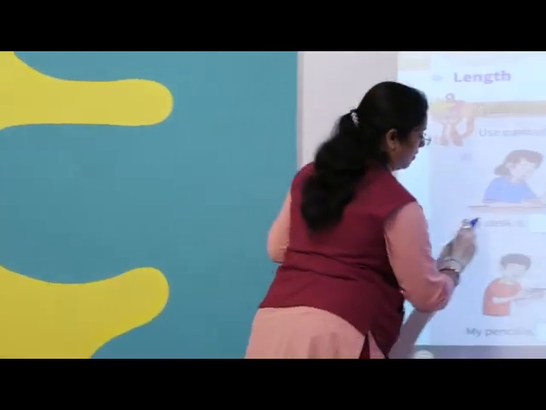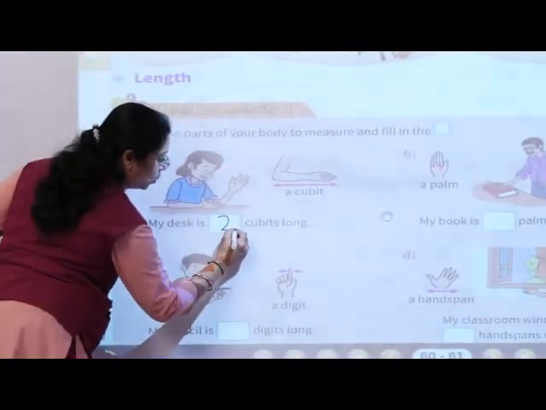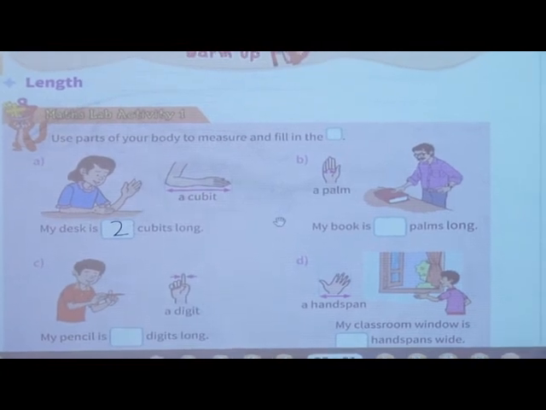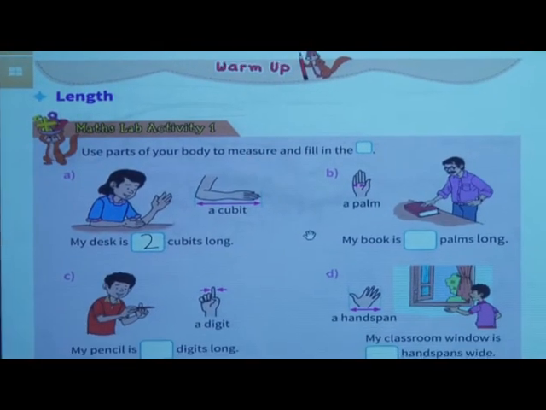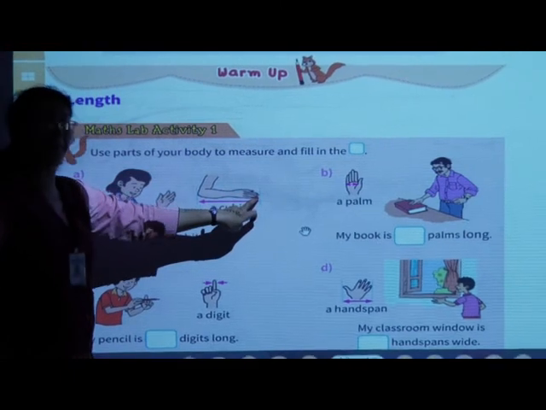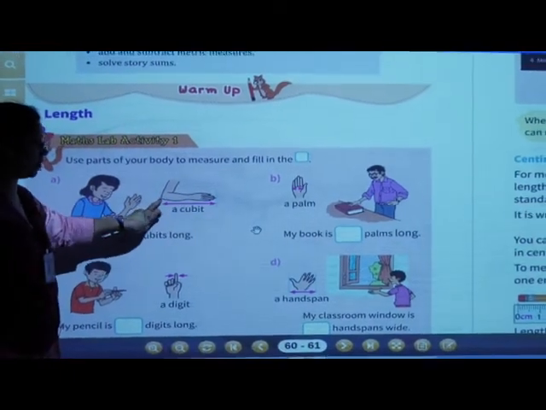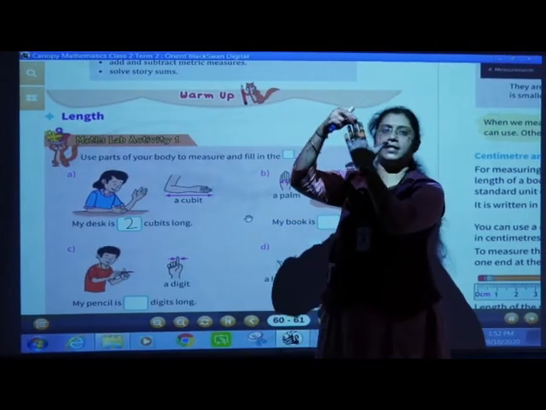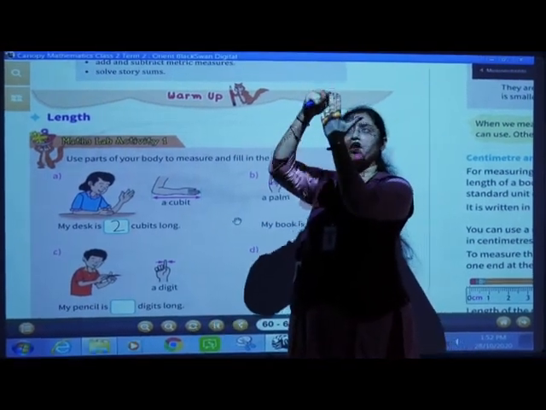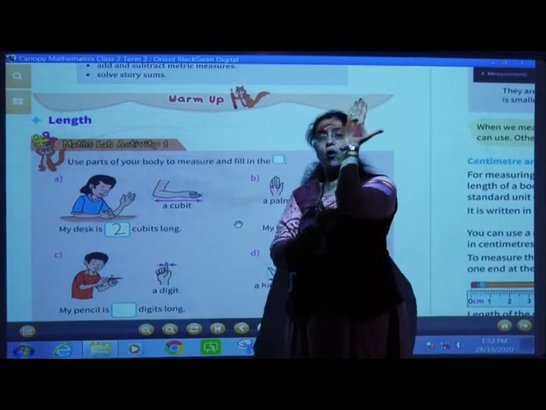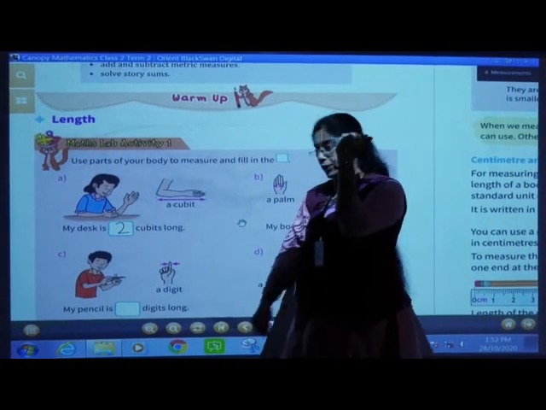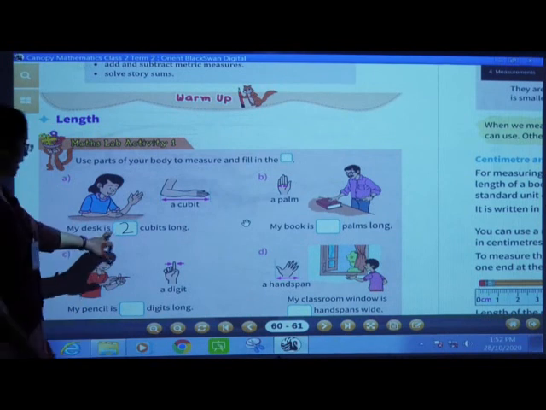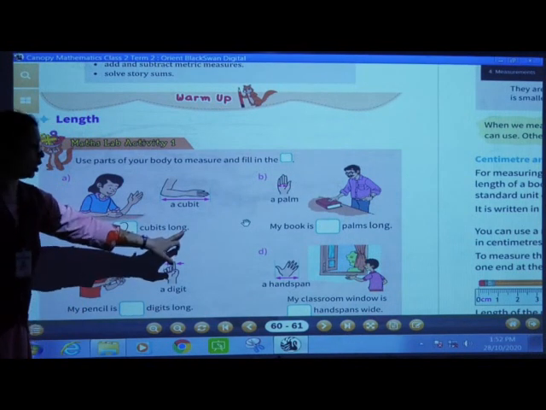Means my desk is 2 cubits long. Cubit means the distance from the tip of the middle finger to the elbow. This is called cubit. And my desk is 2 cubits long.